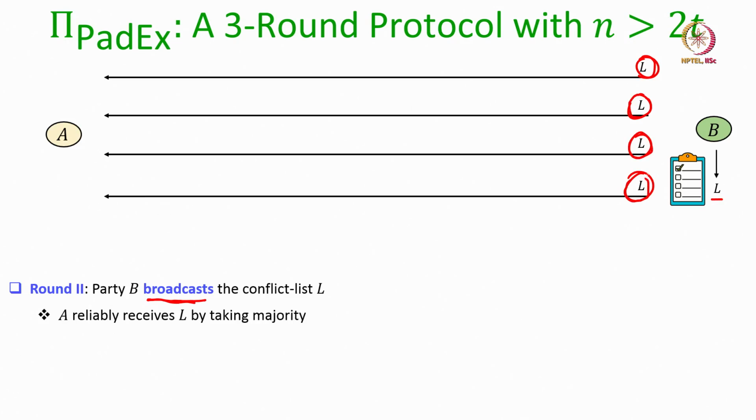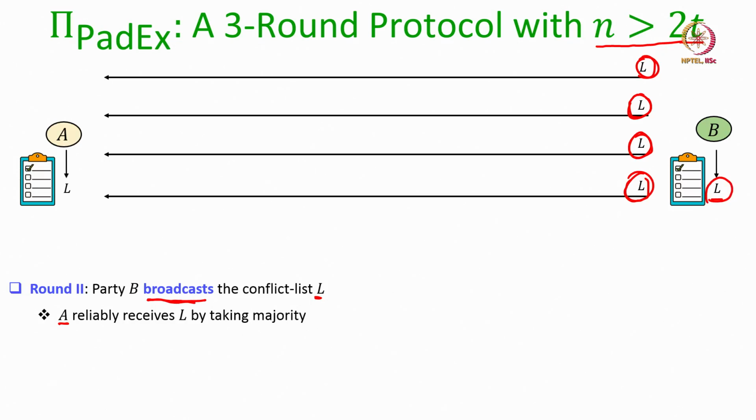Now, since it is broadcast and n is greater than 2t, and at most t wires may get corrupt, those t corrupt wires may deliver incorrect copies of L to A. But still the majority of the wires will be honest, uncorrupt, and they will be delivering the actual conflict list L to the party A. So party A, at the end of round 2, will be able to get back B's version of the conflict list by taking the majority vote.